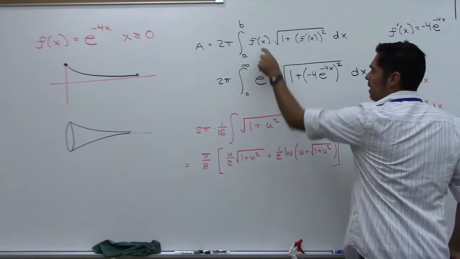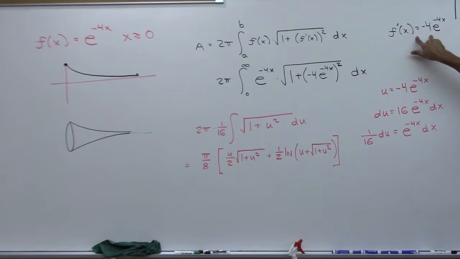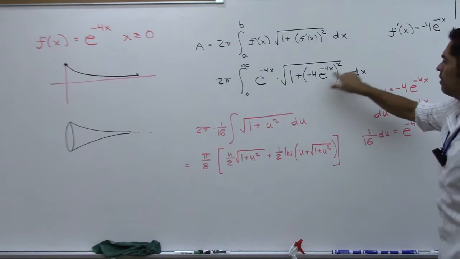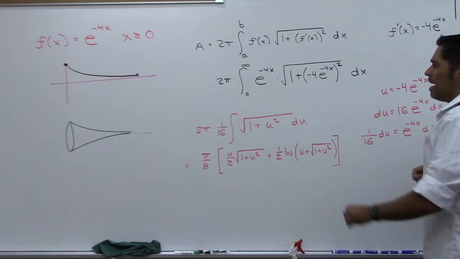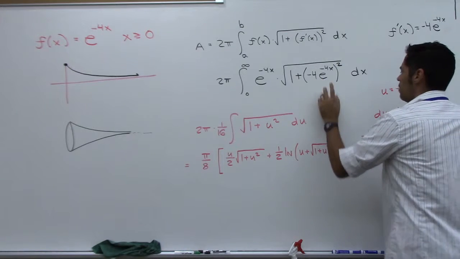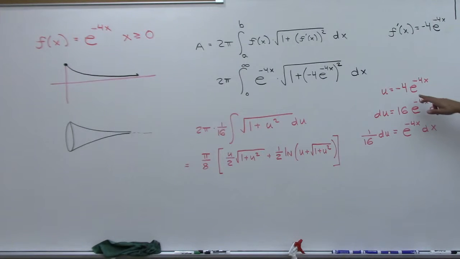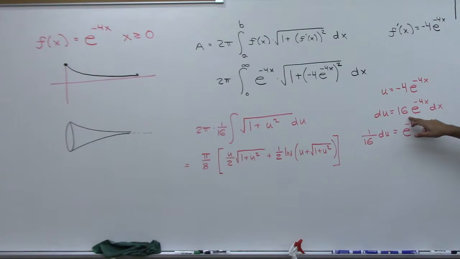Then we have f of x, 1 plus the derivative of f. I did it over here. Here's the derivative of our original function. We're going to take that and square it. So I have to figure out an antiderivative of this. I noticed that the outside here looks like the derivative of this piece right here. So I do a quick u substitution. I let u be this piece in here. The derivative of that is this.